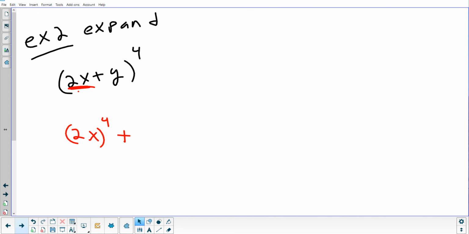Leave a little bit of space because we're going to fill in the coefficients. I can just put boxes around them so we remember to do it. So the coefficient's going to go here.